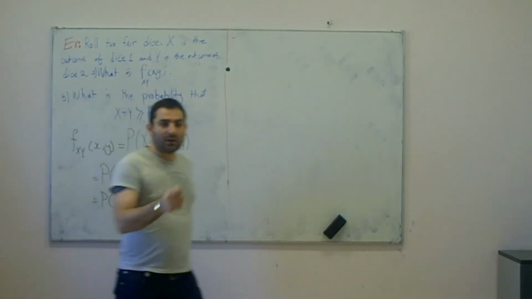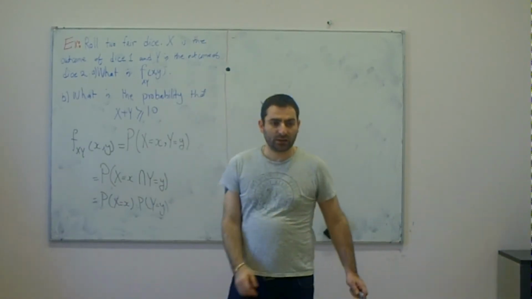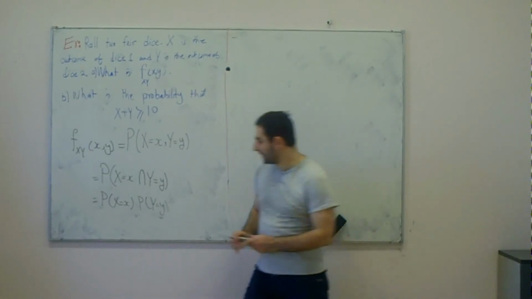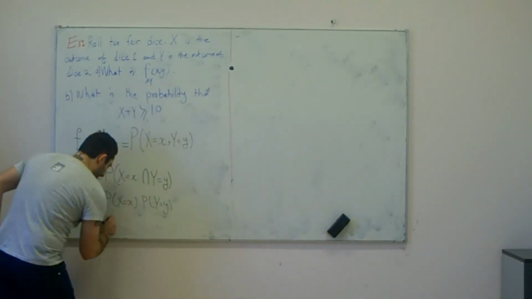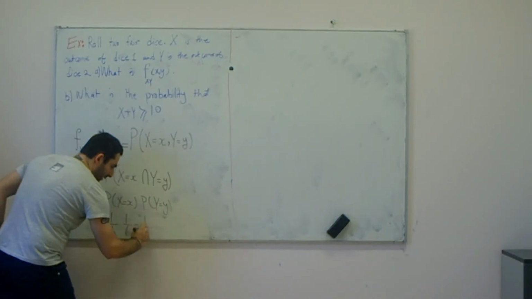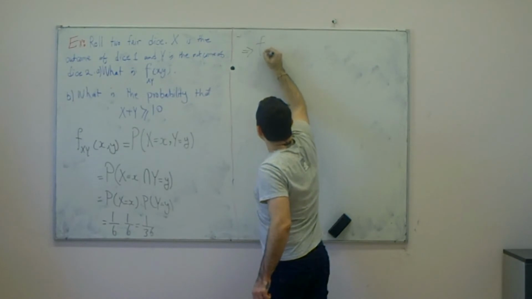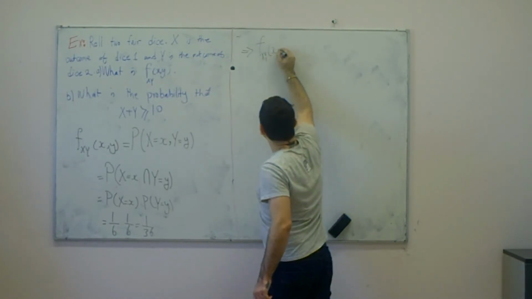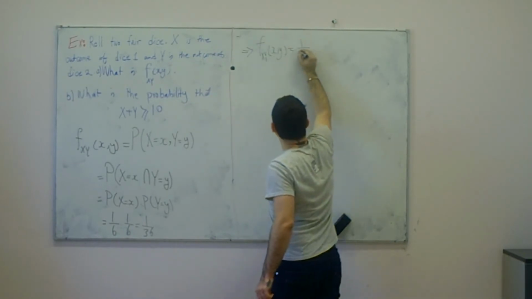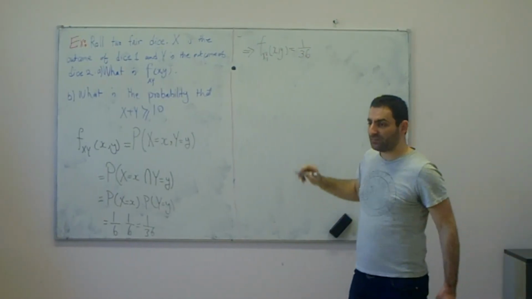Morteza, what is the probability of number x when I am rolling a die? 1 over 6. Multiplied by 1 over 6, so it is 1 over 36. So this means that f of x and y is 1 over 36. What can you tell me about this distribution?